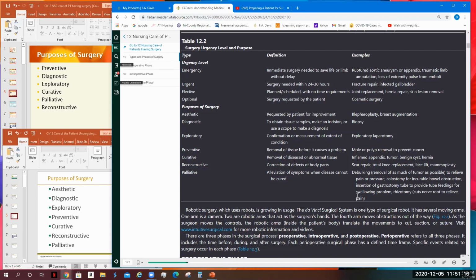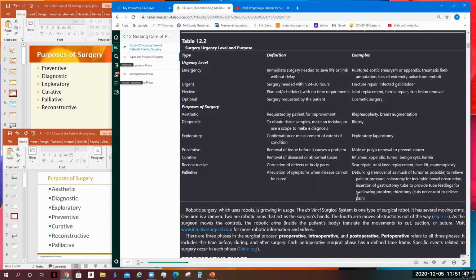Examples would be ruptured aortic aneurysm or appendix, traumatic bone amputation, loss of extremity pulse from emboli. So the next level is urgent. The definition is surgery needed within 24 to 30 hours. Examples would be a fracture repair or an infected gallbladder.